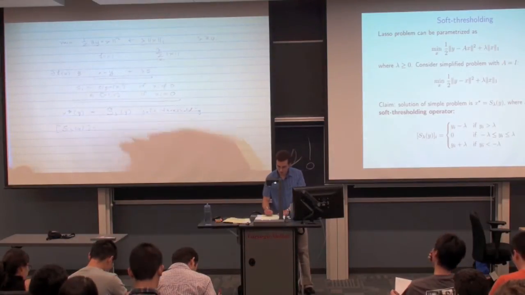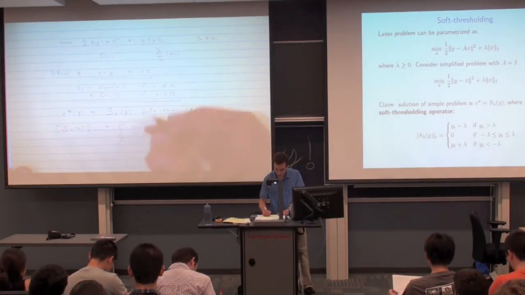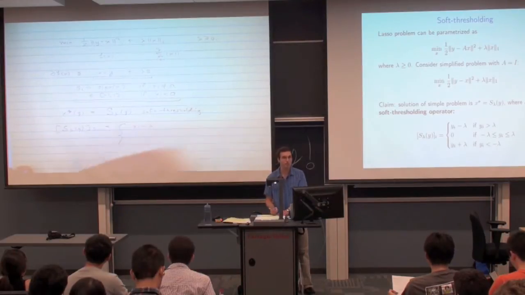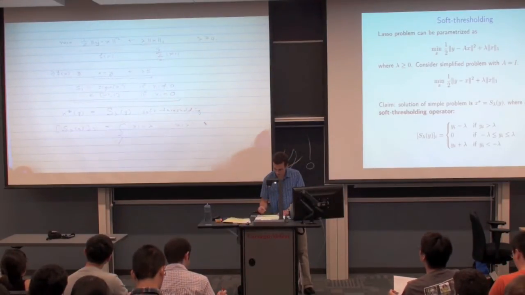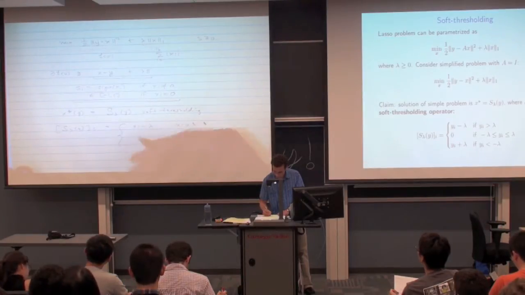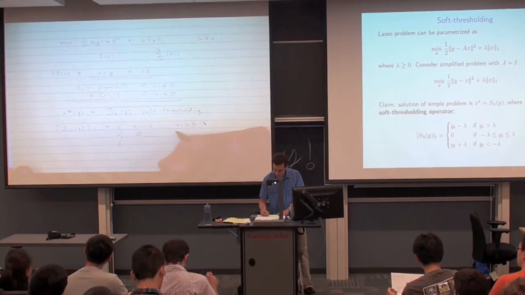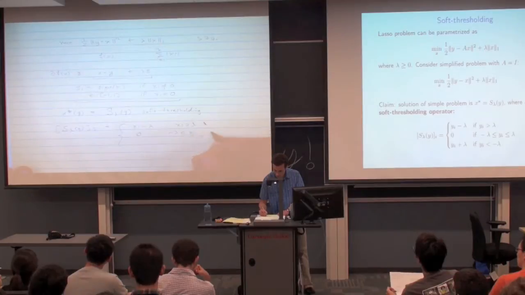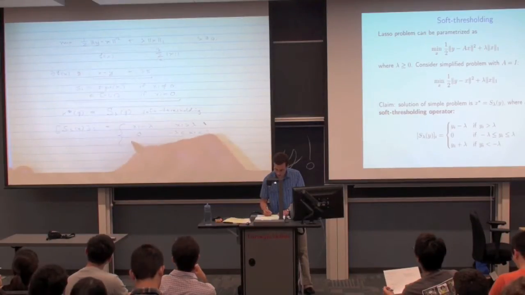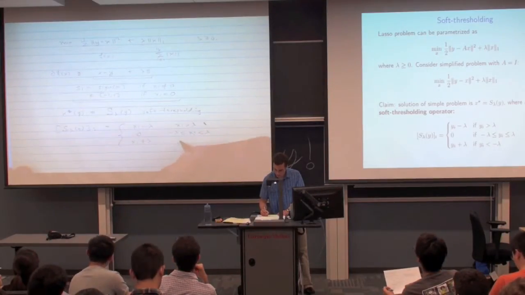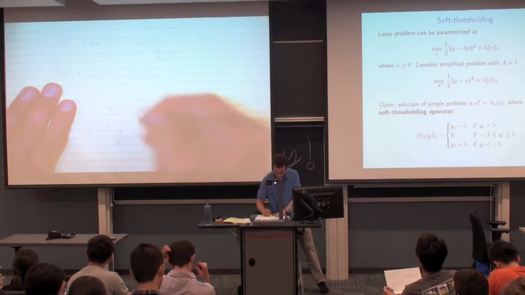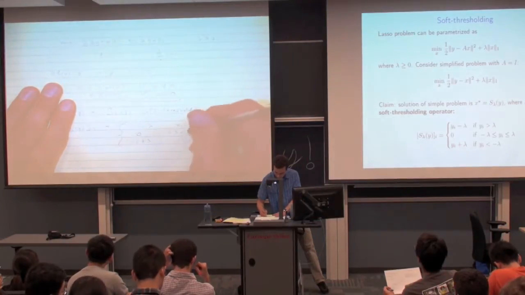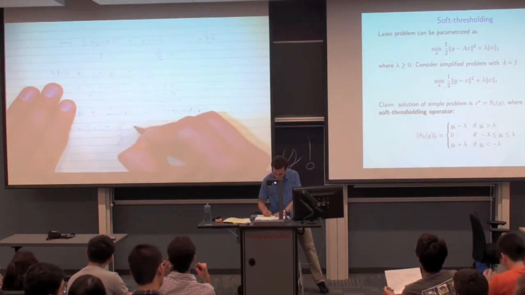Its ith component is equal to yi minus lambda if yi is bigger than lambda. It's 0 if yi is between minus lambda and lambda. And otherwise it's equal to yi plus lambda. Sorry, this should all be yi's. It's a function of y.